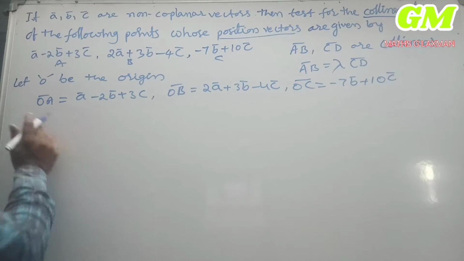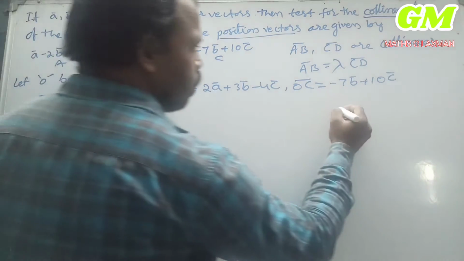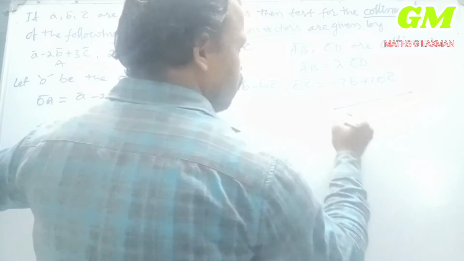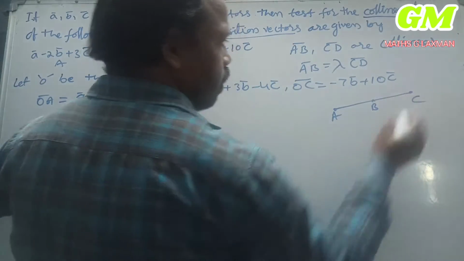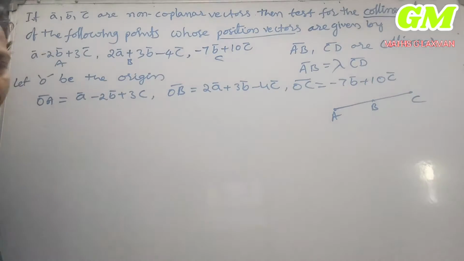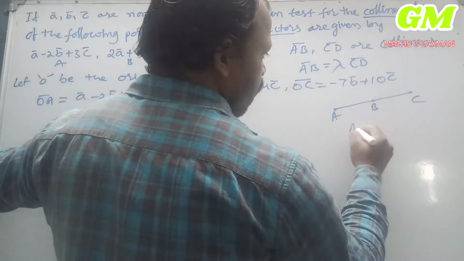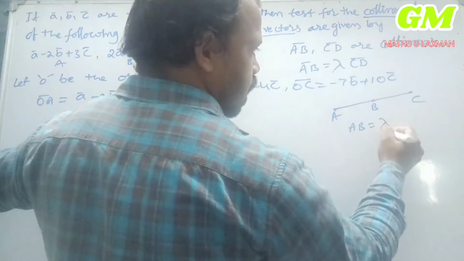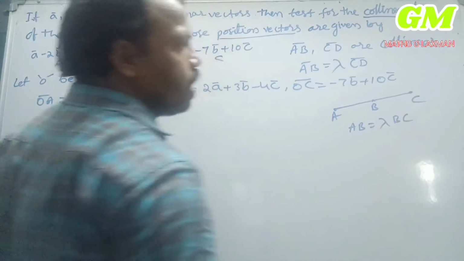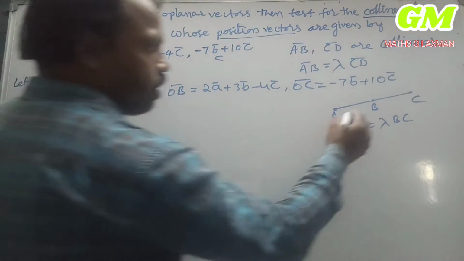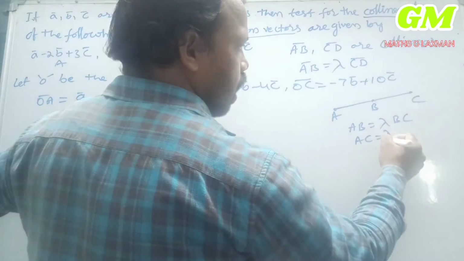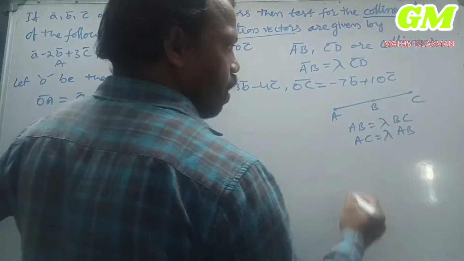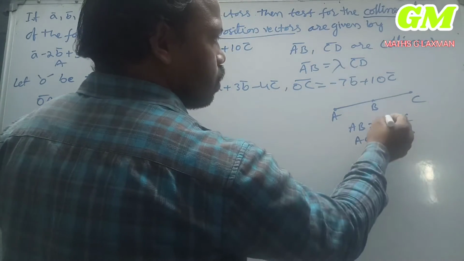Now we need to find, for example, this is a line with points A, B, C. We can express AB as lambda times BC, or AC as lambda times AB.